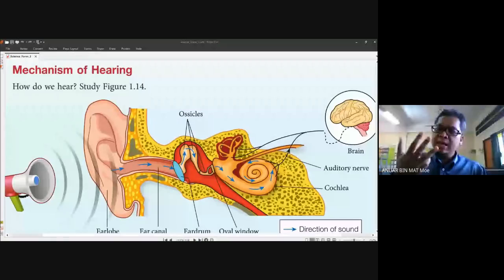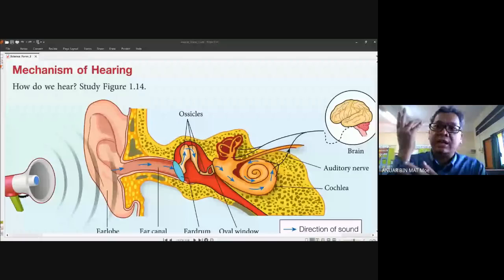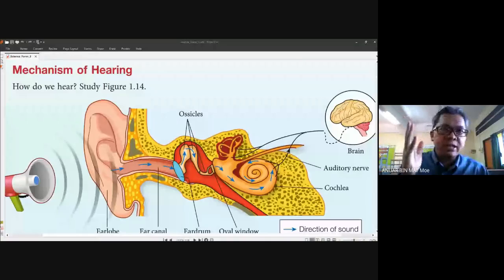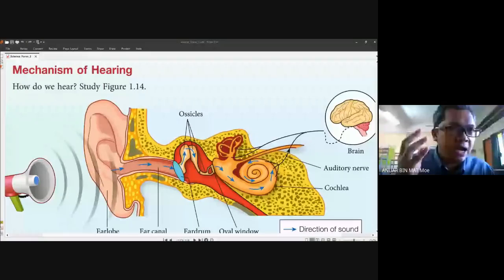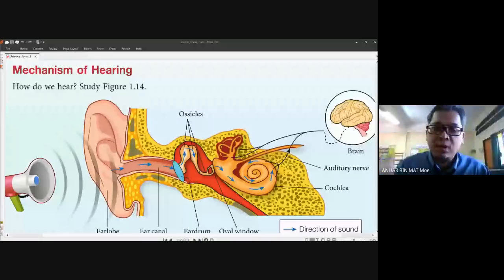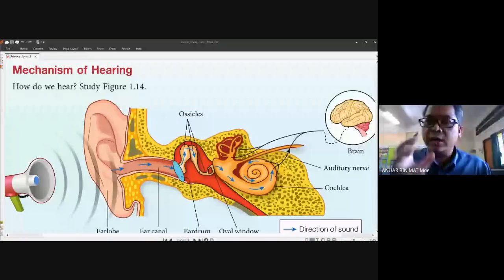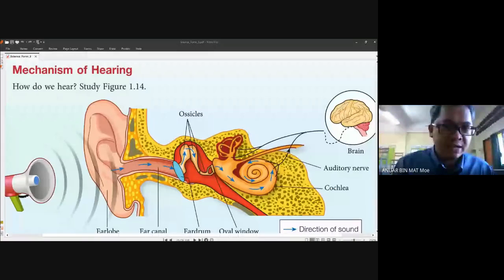Number 4 is our skin, because we want to feel the sense of touch. The last one is the sense of taste. The organ is our tongue. Make sure you understand that.